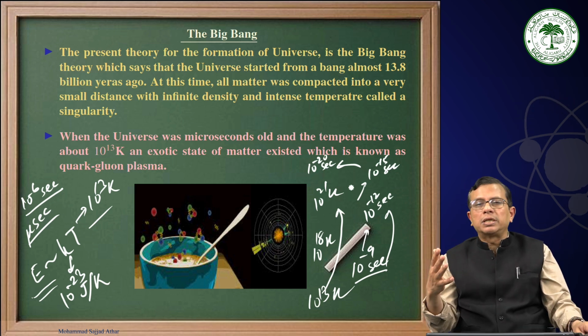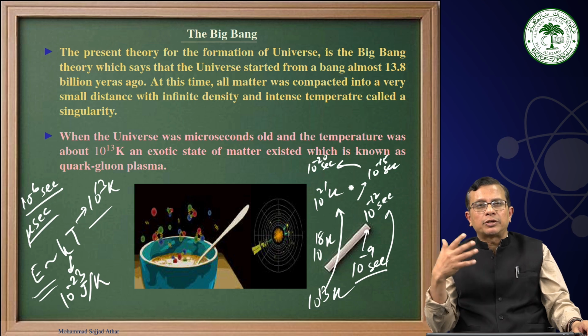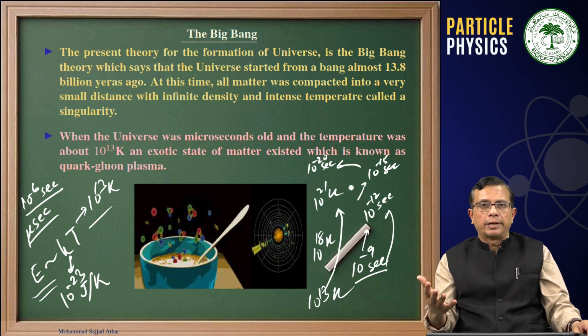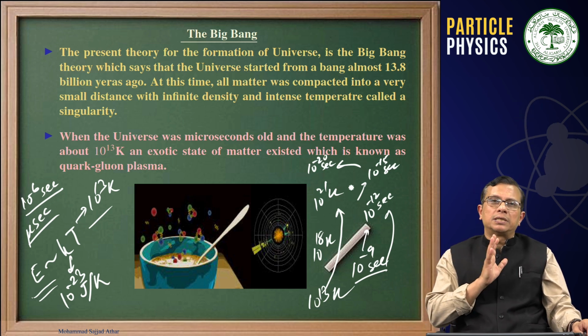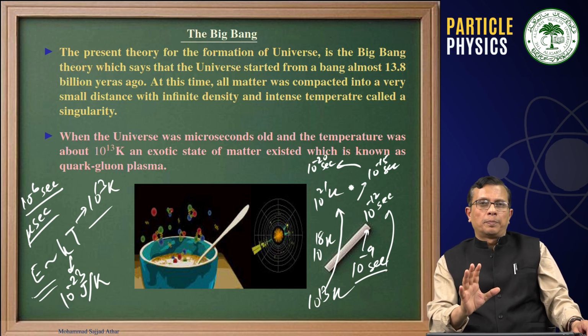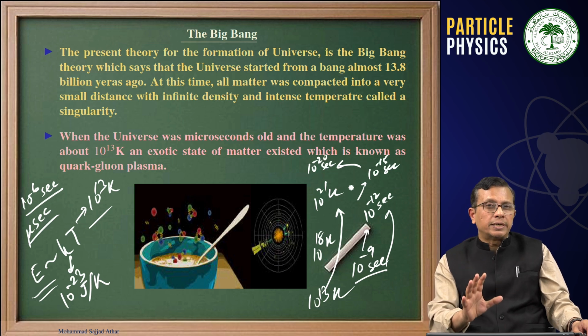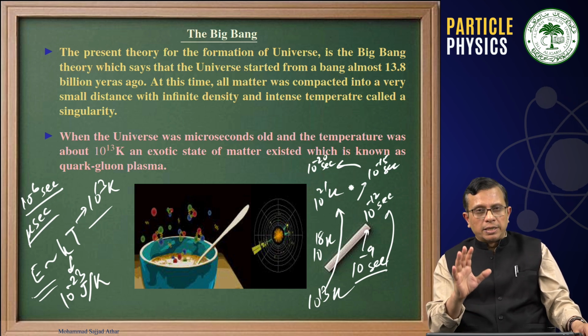But what the scientists are doing, scientists are trying to understand what had happened at the time of Big Bang. But this is a slow process. It's not easy to create that amount of energy in the laboratory.